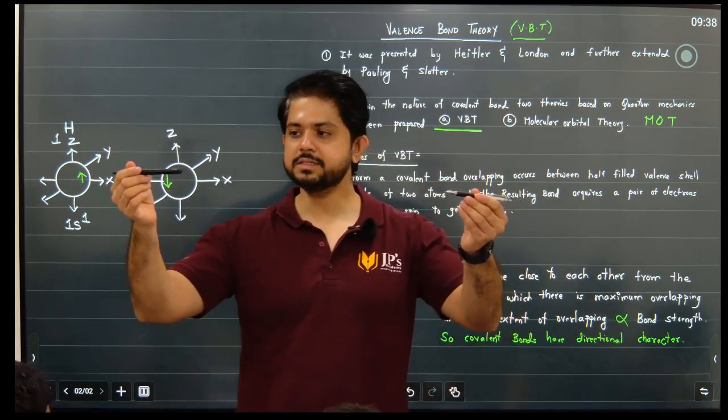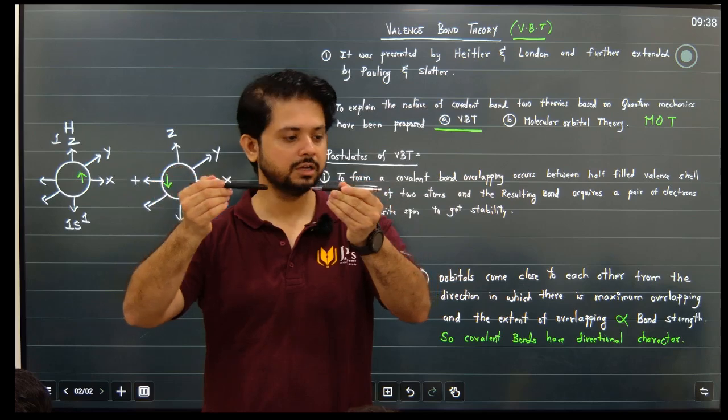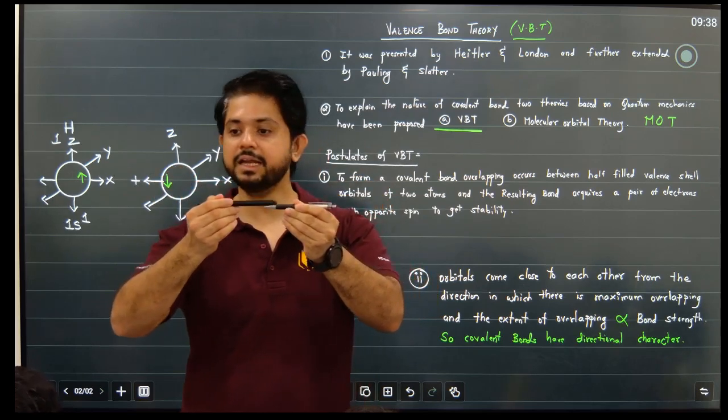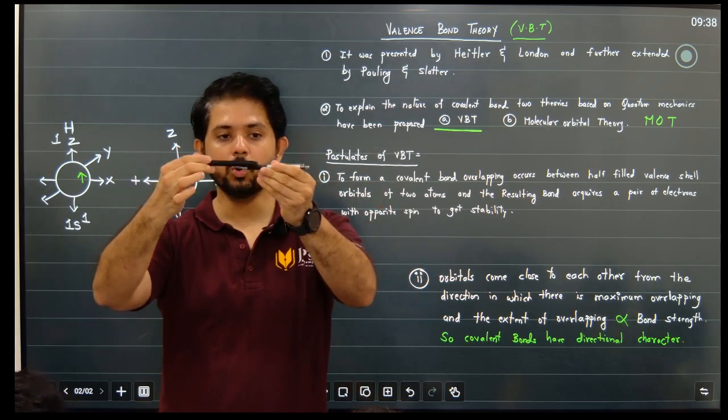So the two orbitals come close to each other along the same axis and they tend to overlap.